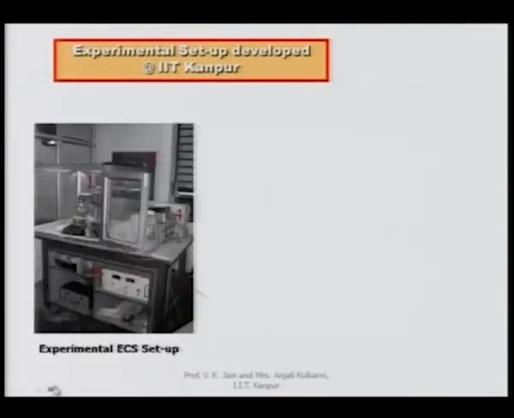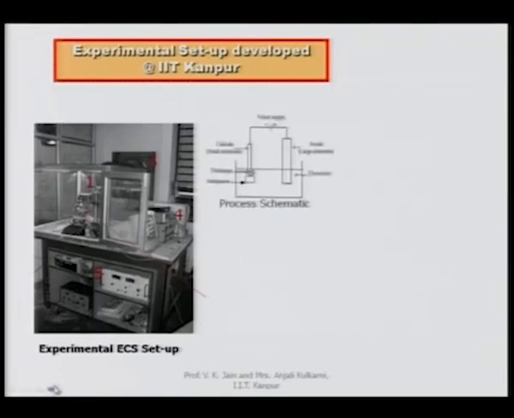This is the actual photographic view of the setup that has been fabricated at IIT Kanpur. Now, the working principle is the same as I have already explained. Here is the anode and here is the cathode, and these are the hydrogen bubbles across which the discharge is taking place.